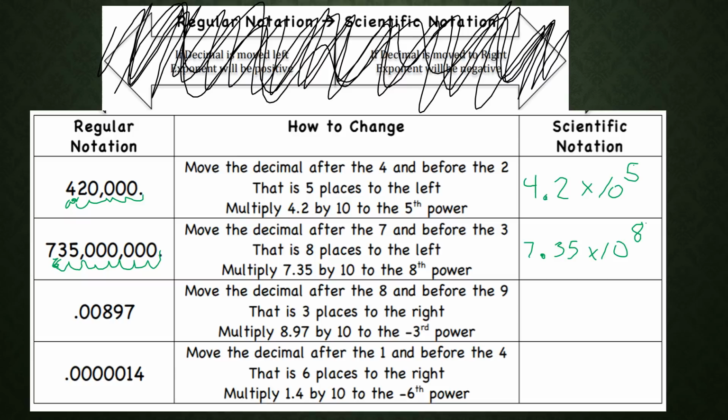All right, step 1, first non-zero digit. That's going to be our 8. Decimal point. And then writing our other important numbers. Then writing times 10. Okay, so that decimal is going to be behind the 8, before the 9. And now we're going to count.